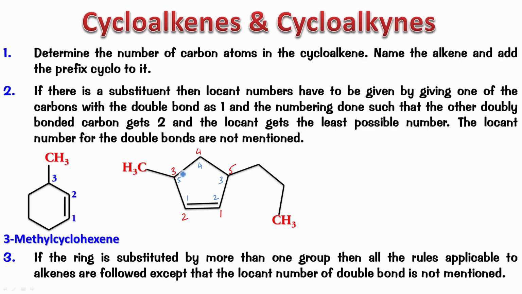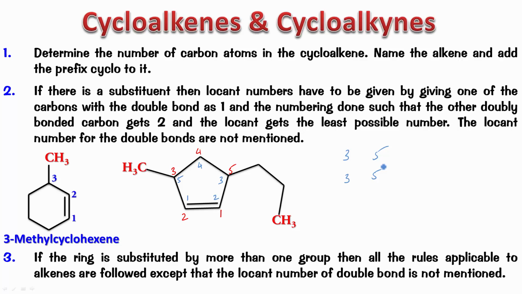But if you look at the red numbering, the first substituent comes at 3 and the second substituent comes at 5. If you look at the blue numbering, the first substituent again comes at 3 and the second substituent again comes at 5. So now there's a choice in numbering.